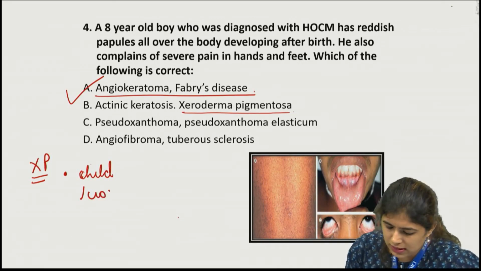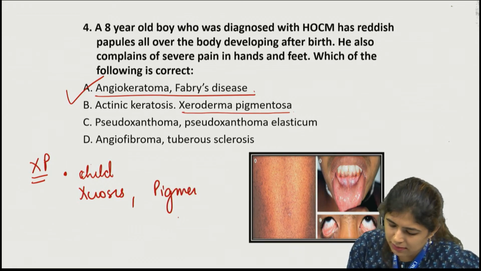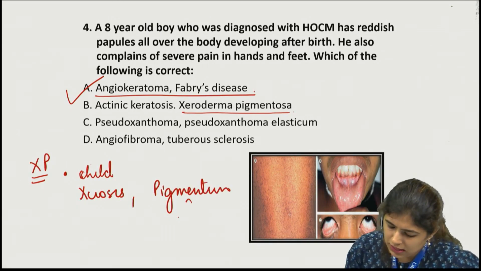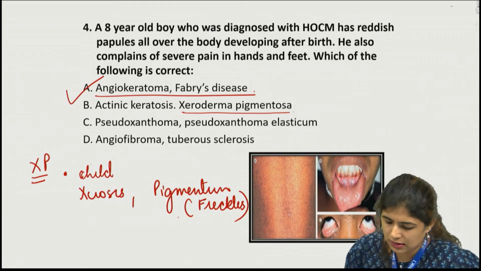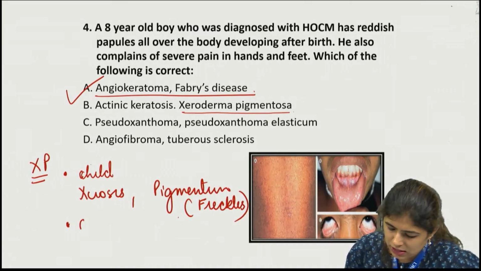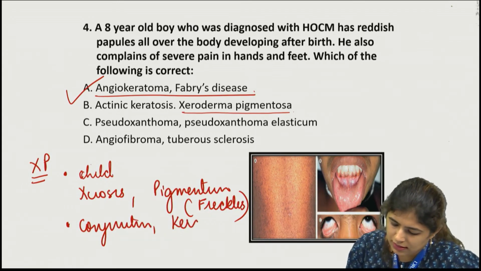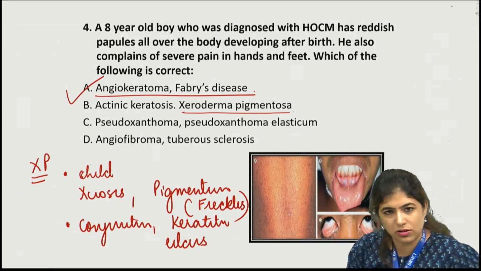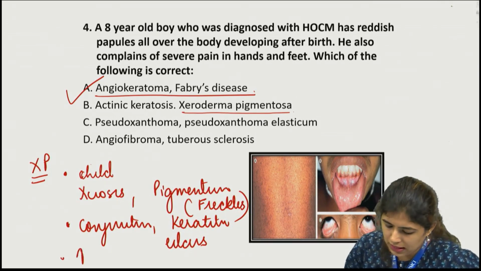There will be xerosis plus pigmentation, as the name suggests. Pigmentation would be in the form of freckles. Then there will be eye manifestation in the form of conjunctivitis, keratitis, and eye ulcers.